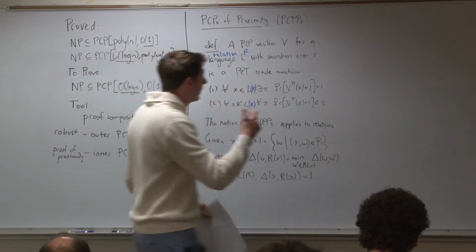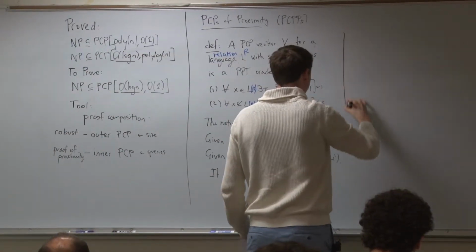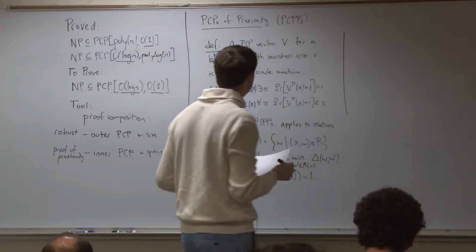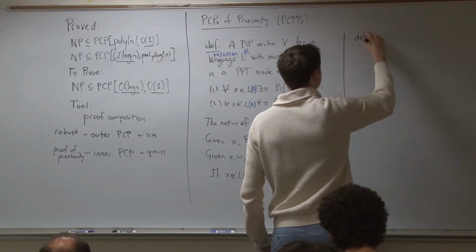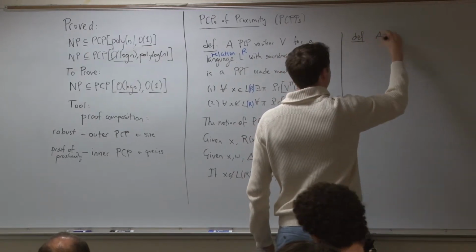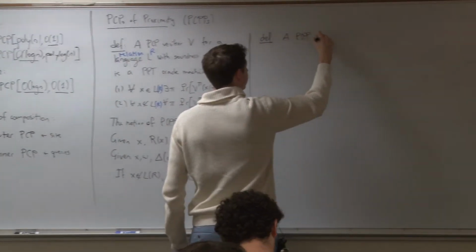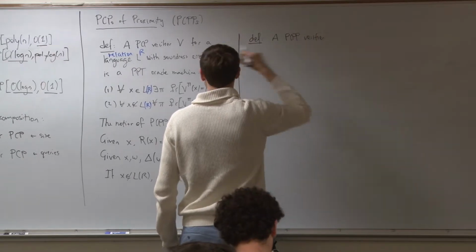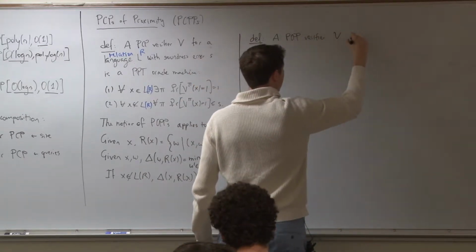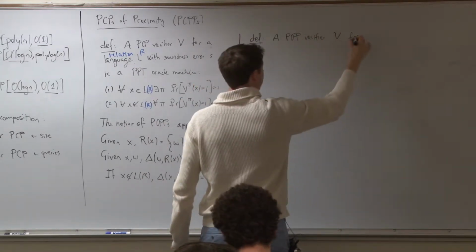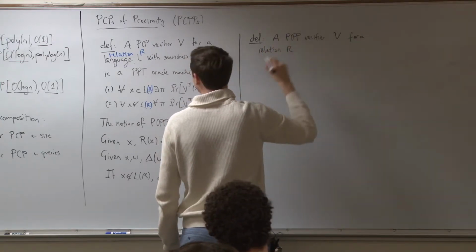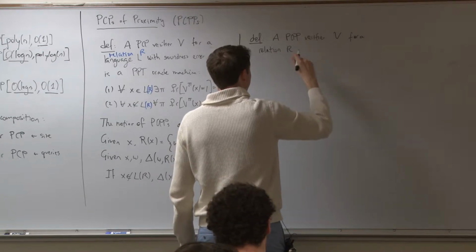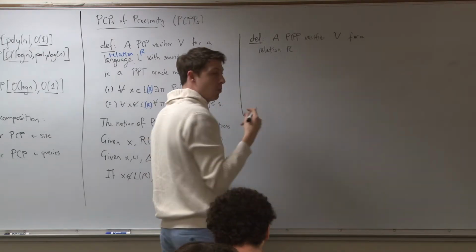All right, so here's the notion of a PCP of proximity. So I'm going to put it next to it here so we can compare them. PCPP verifier. So now it's going to be explicitly for a relation R. And we're going to have one extra parameter.